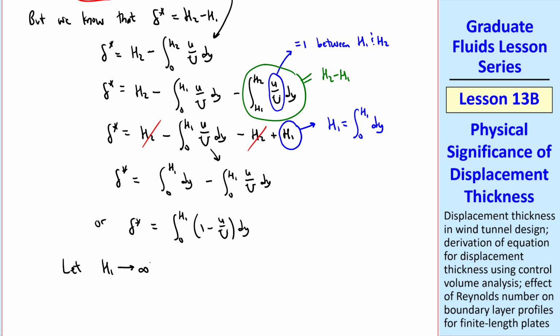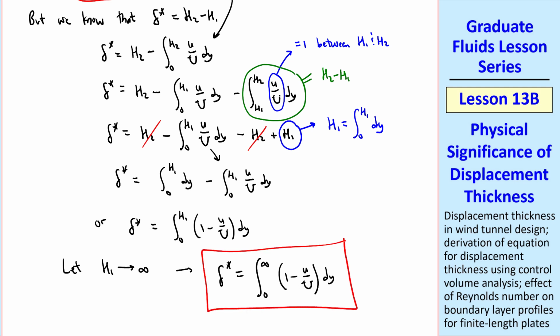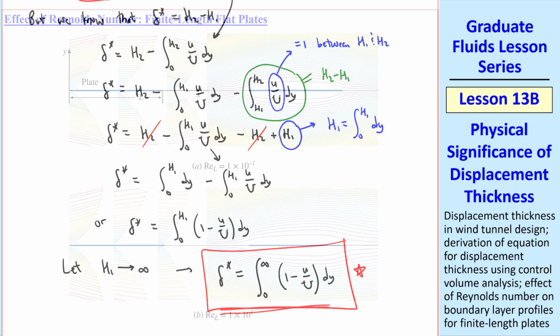But we can let h1 go to infinity, since again everything above h1 has u equal to capital U and therefore does not contribute anything further to the integral. So delta star is the integral from 0 to infinity of 1 minus u over U dy. This is the same equation that we derived previously, but in a different way.